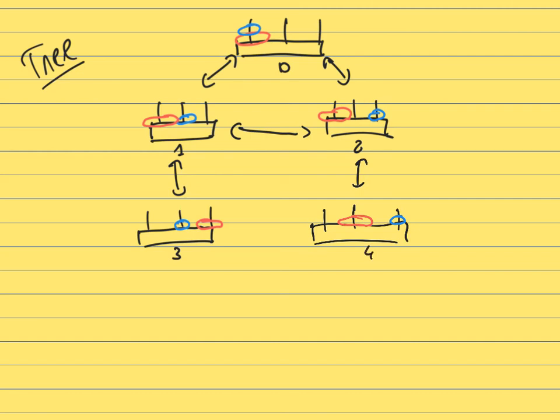So let's go back to the state number 3 and see what are the possible moves that you can take from there. So the first option is that one thing that you can do is to take the small disk and to move it to the first stick.